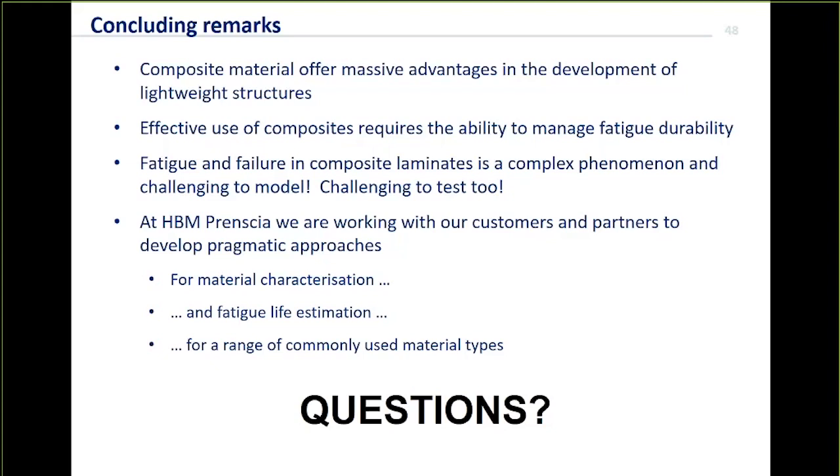It's a complex problem. Composites are difficult to test and difficult to simulate, but we are working with our customers and partners to develop pragmatic approaches to this, and we'll be releasing software as we think it becomes useful, and also material characterization capability for common material types.